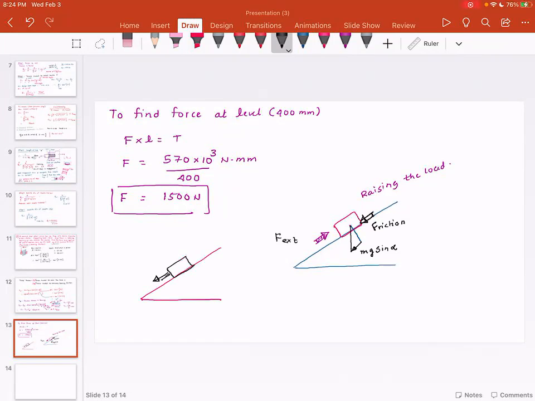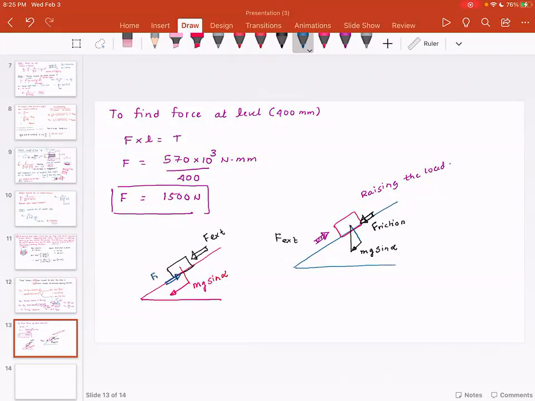So this is the F external, and now what is happening is you have the component of the self weight, which is mg sine alpha, acting in the direction of motion, and you have the frictional force.